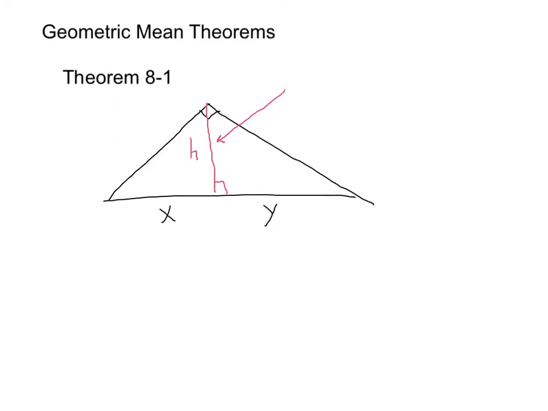In other words, h is the geometric mean between the lengths of segments x and y. Or in our shortcut, the length of h is equal to the square root of the product of x and y. And we're going to use that in an example in just a second.